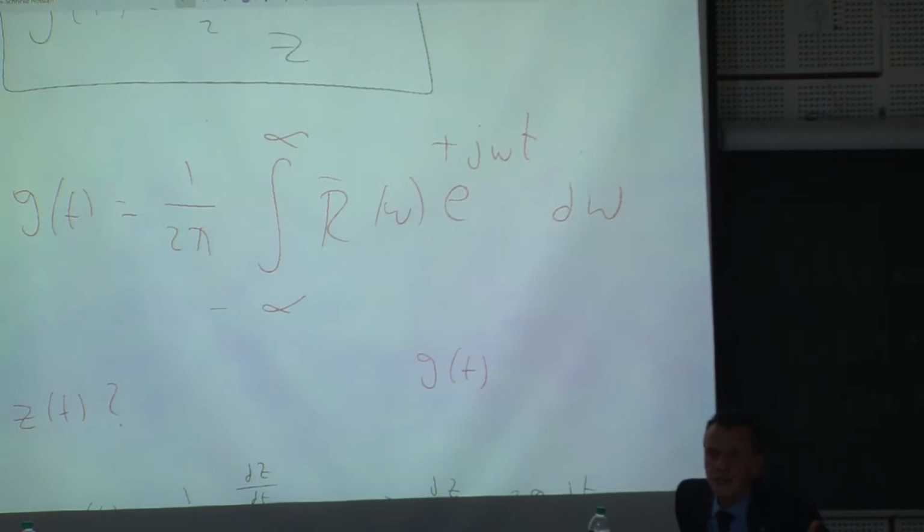And the question now, is it feasible? The answer is no, because I can't measure from minus infinity to infinity. Now let us assume that, okay, I agree, I have measurements only within a certain band, and let us start with the base band. I am able to measure from 0 to a certain maximum frequency, say capital omega.